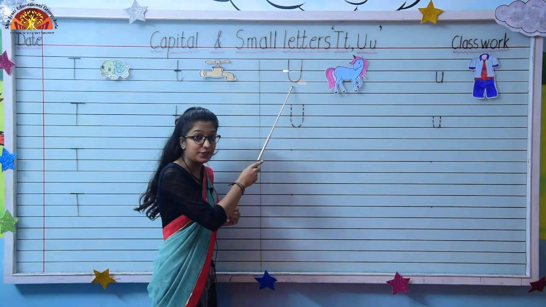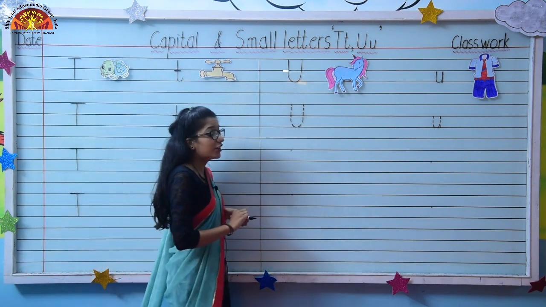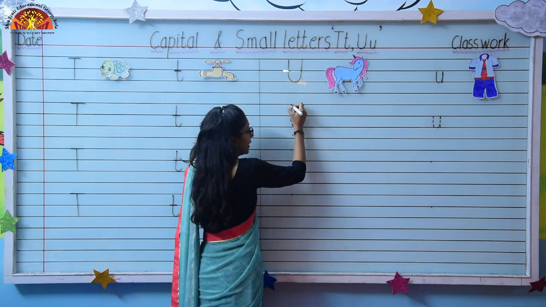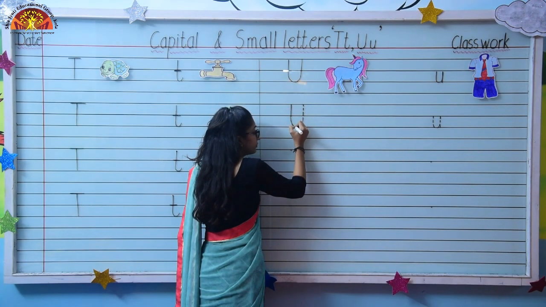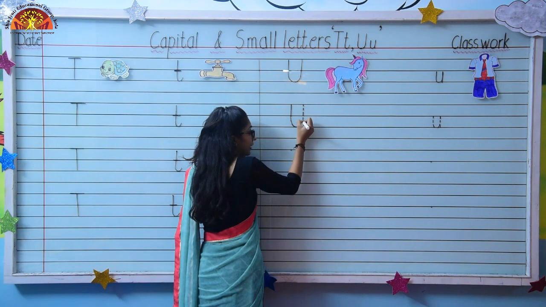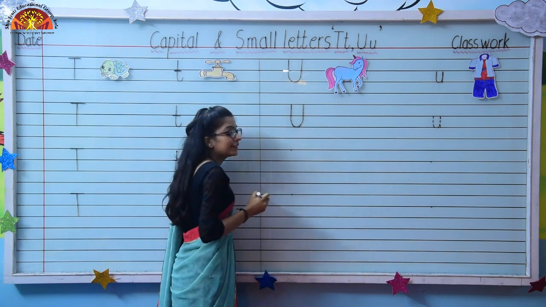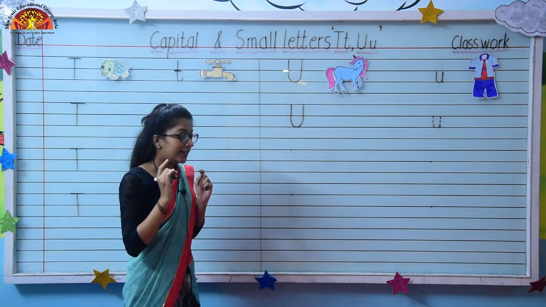This is capital letter U. Hold your pencil properly. Look here. You have to start from the first line. Draw one standing line. Curve. Again, standing line. Like this. Now let's write on single dot.